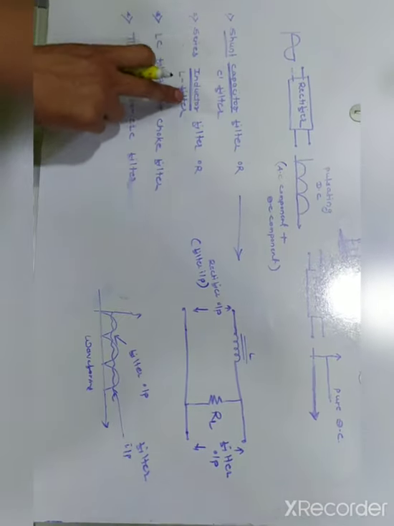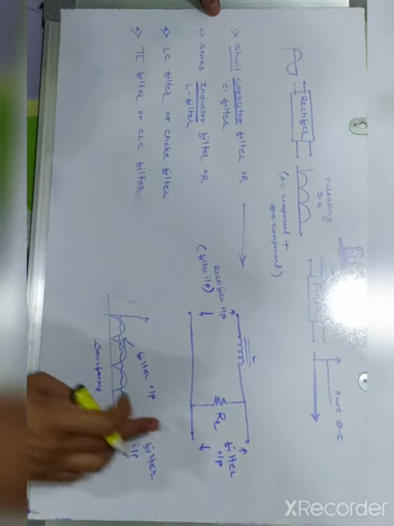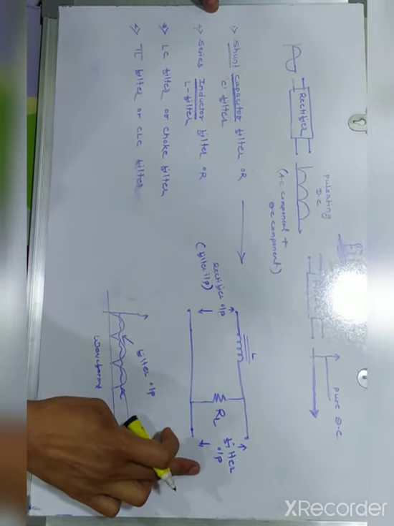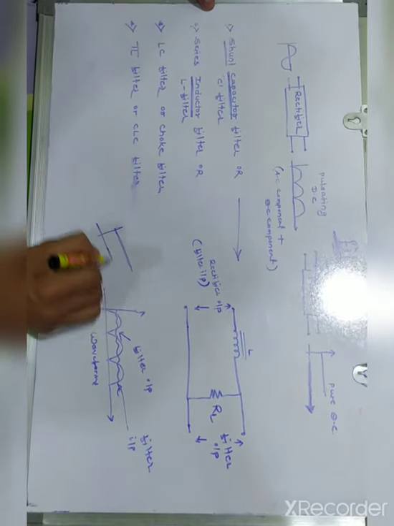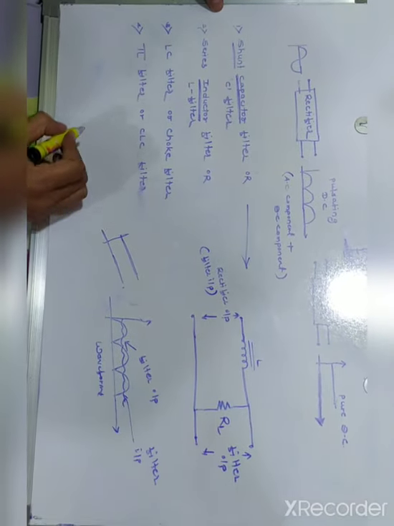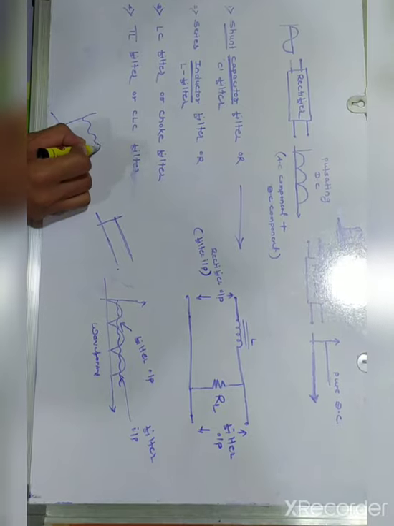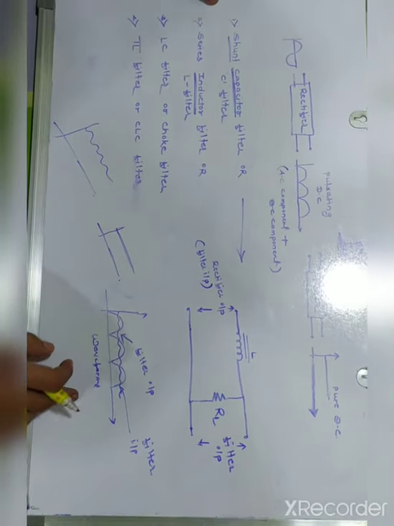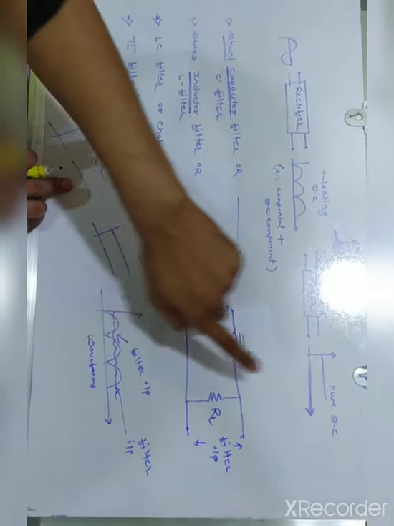At the output of the filter you want pure DC, but it is still observed that the output of the filter is not pure DC; there is some amount of fluctuation, like this.